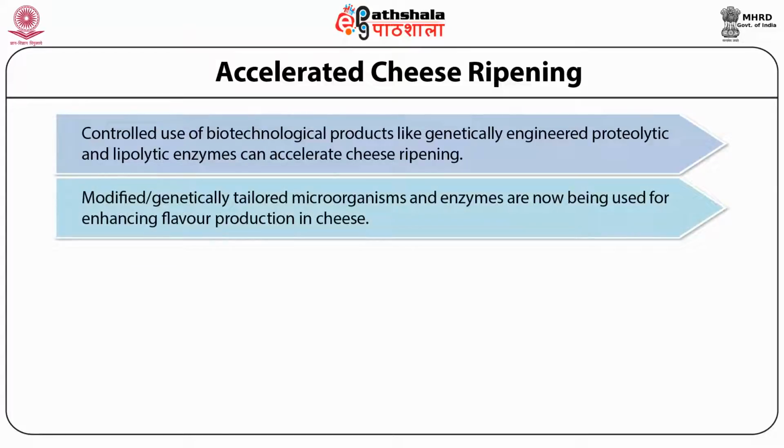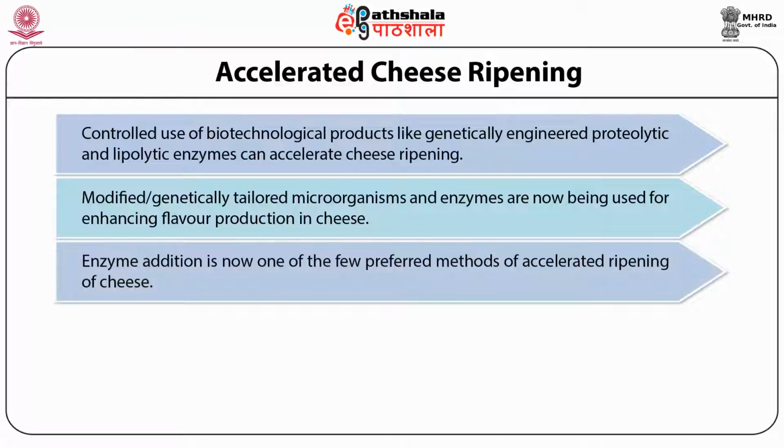Modified or genetically tailored microorganisms and enzymes are now being used for enhancing flavor production in cheese, especially lipases, which have a major role in flavor generation. So lipases can be incorporated in the cheese, where we can again improve the flavor in less time. Enzyme addition is now one of the few preferred methods of accelerated ripening of cheese.